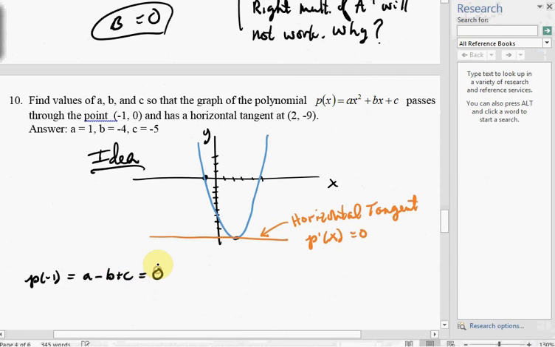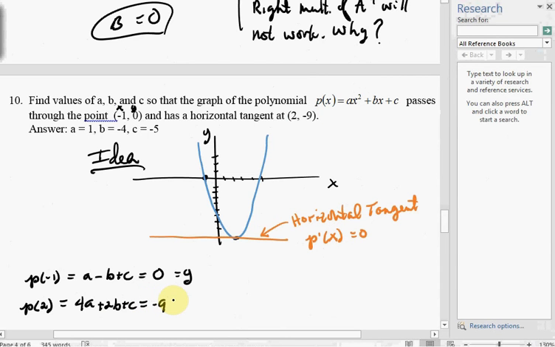That's equal to 0 according to this, right? X is -1, y is 0, right? This is y. Then the next point is p of 2. So wherever I have x, I put 2, so I get 4a plus 2b plus c. That's said to equal -9.